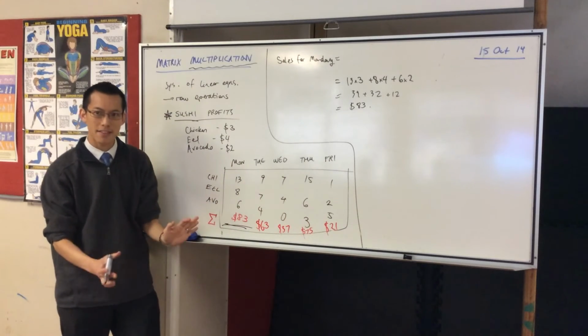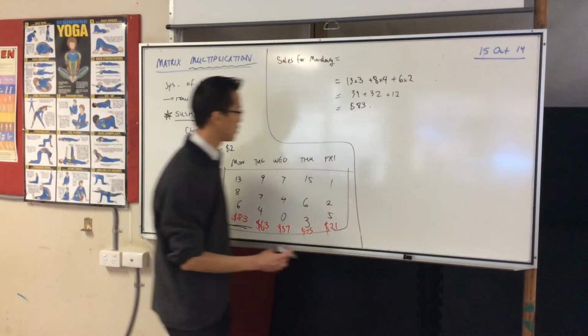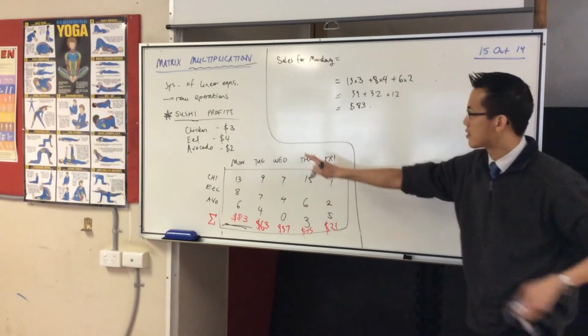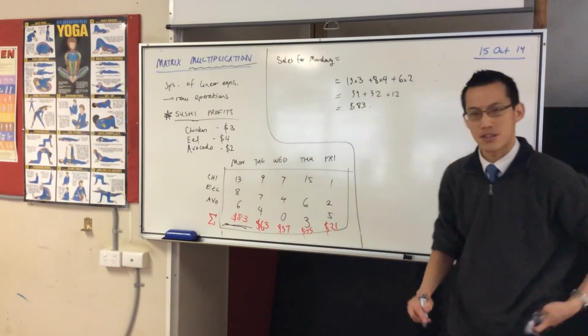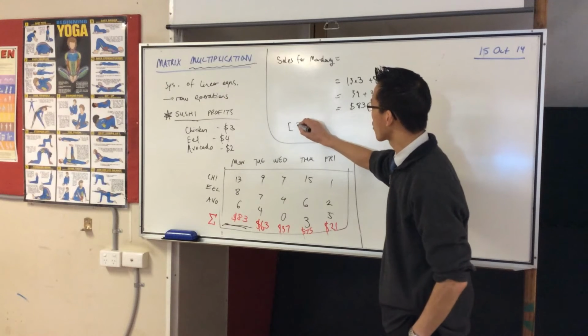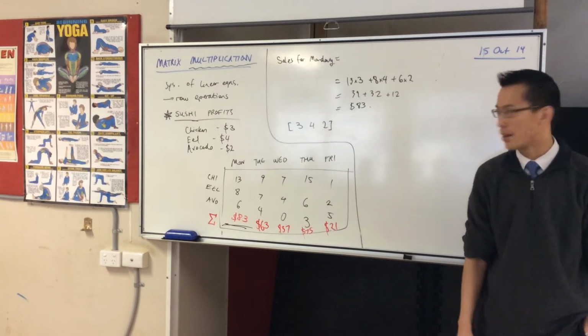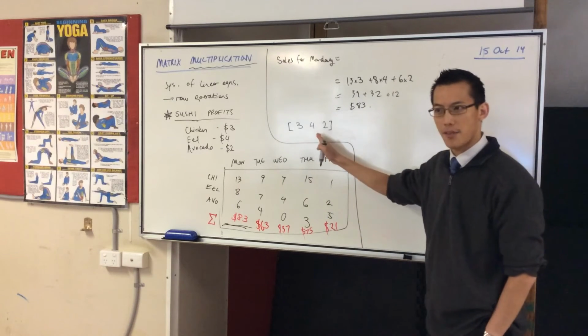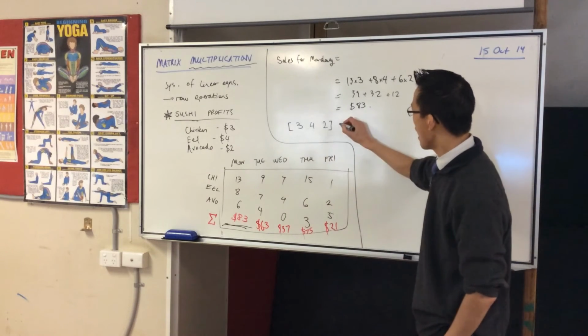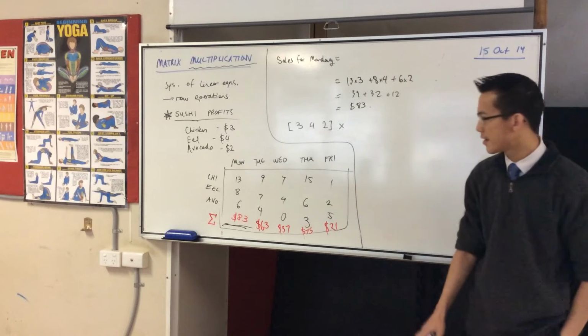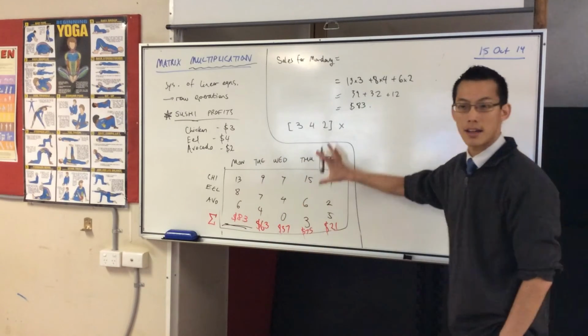So how do we write this in matrix notation? Here's the way we do it, okay? What you've done is, here's your first matrix. So you've got 3 quantities, and I'm writing it like that. They represent 3 different variables there. And then you've multiplied by, and now here's your set of data down here.